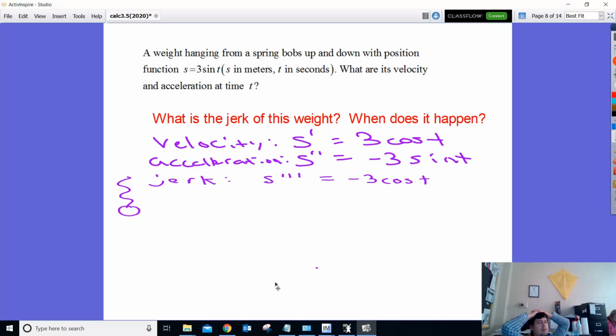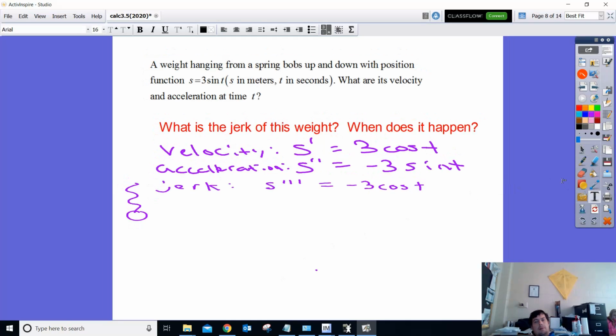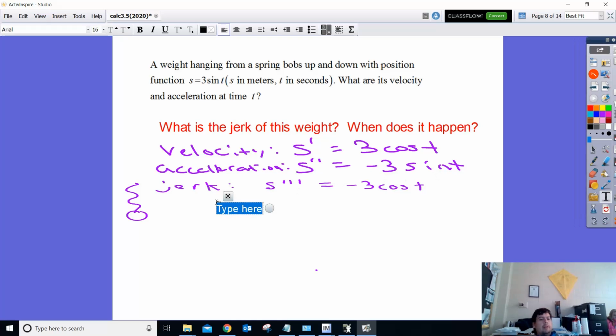We said it equals 0. Arc cosine of 0 is pi over 2, 3 pi over 2 and so forth. I guess we just have to support it from a graph. I can't think of another way to do it.